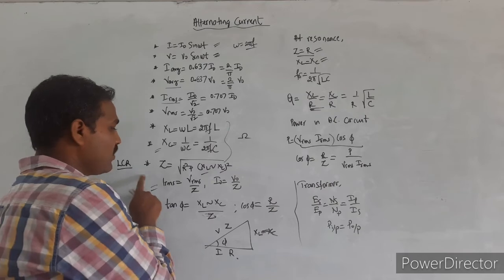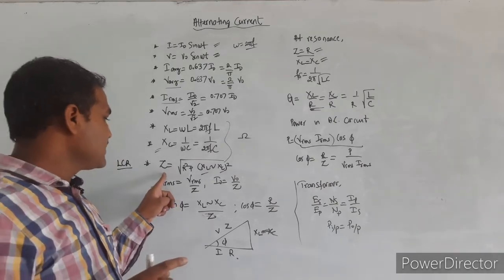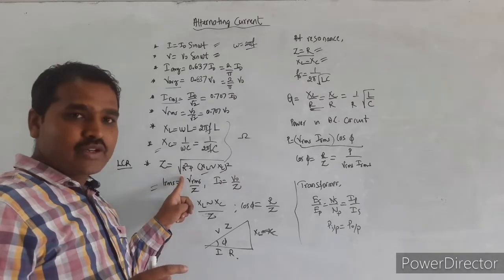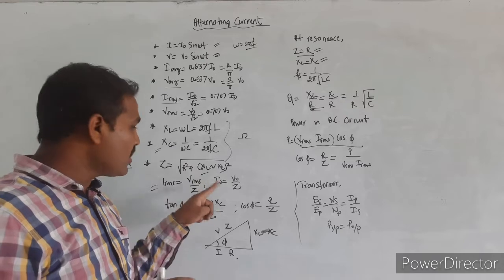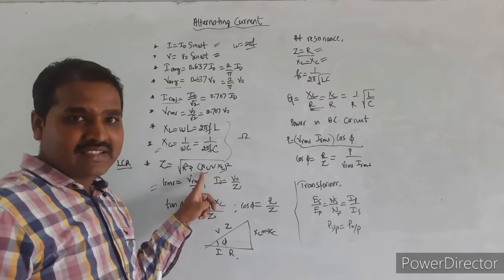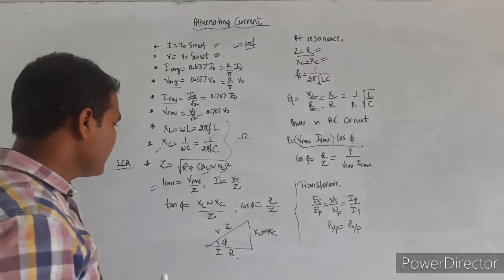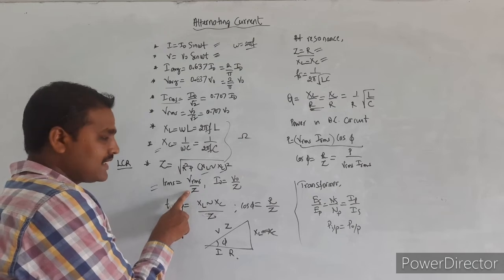Then for an LCR circuit, the impedance, the effective resistance, is given by Z is equal to the square root of R square plus (XL minus XC) whole square, or (XC minus XL) whole square, depending on the magnitudes of XL and XC. In this case I RMS is equal to V RMS divided by Z.